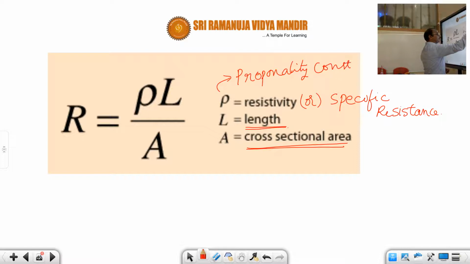Here you have to remember one thing very carefully. Suppose you take two wires made with the same material.